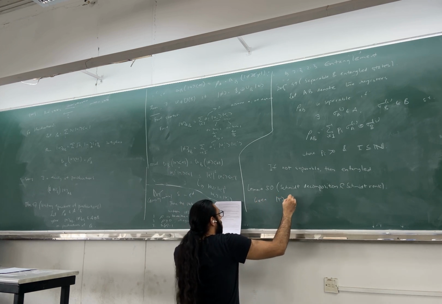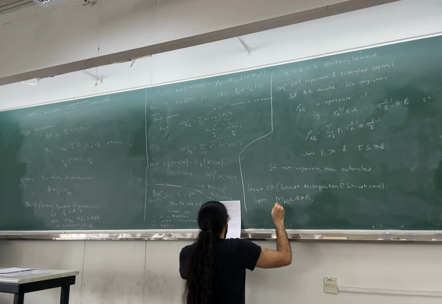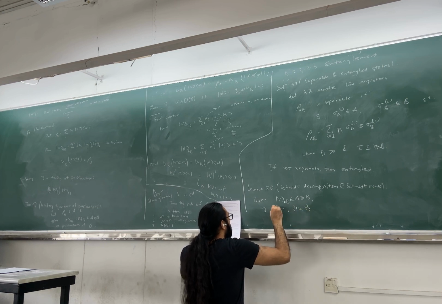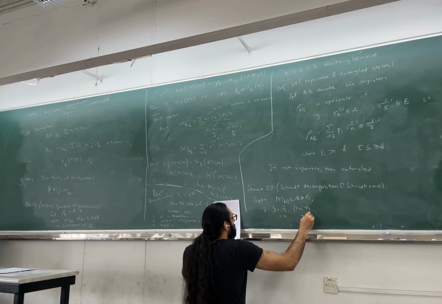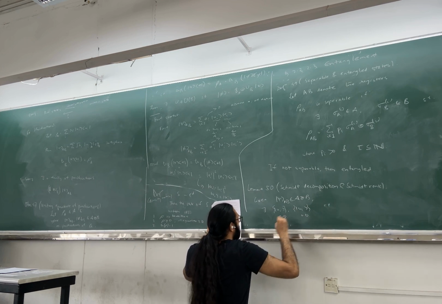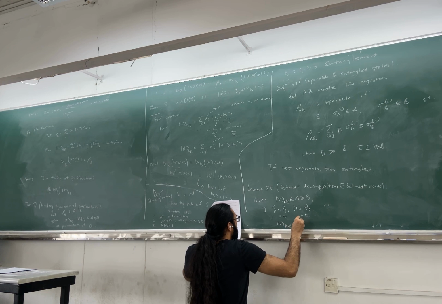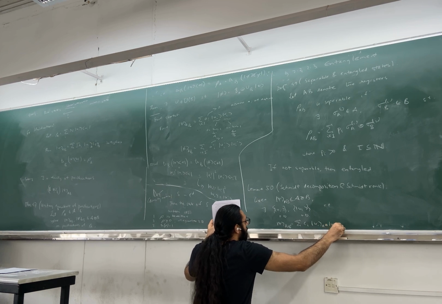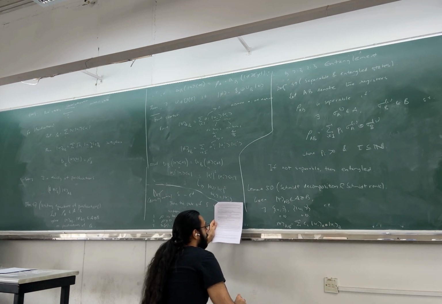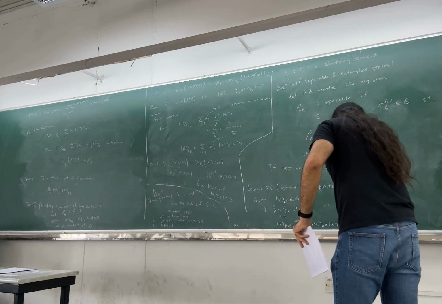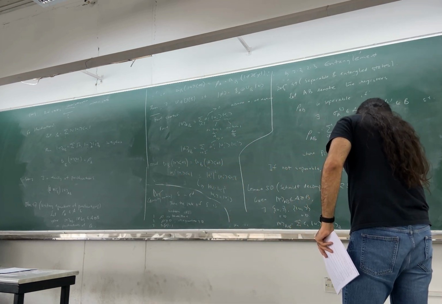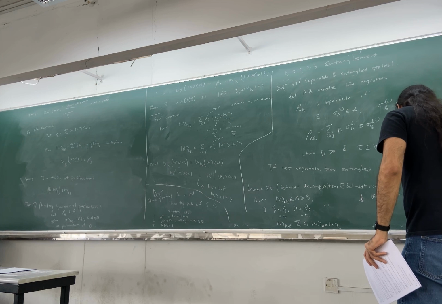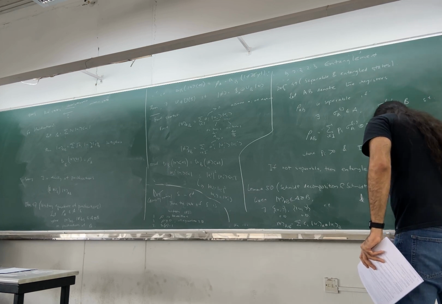Given psi AB in A tensor B, there exist orthonormal bases u_i and v_i such that psi AB is of this form: the sum of c_i u_i A tensor v_i B. And the number of non-zero c_i is the rank, the Schmidt rank.